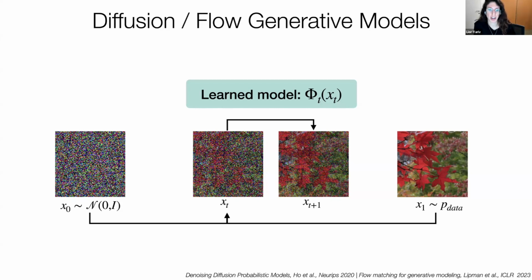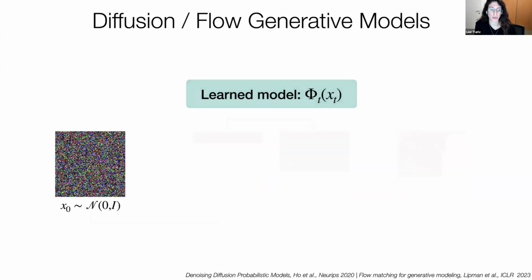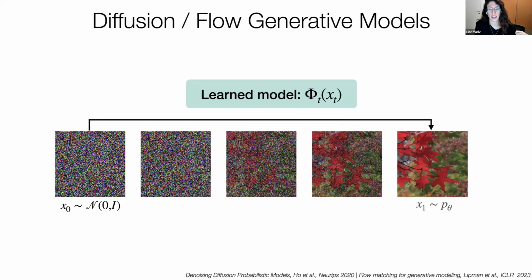And once we train such a model, we can sample a new sample from the model by solving across time, iteratively, starting by sampling a noisy x0, and gradually applying the learned model step by step until we get this clean new image.